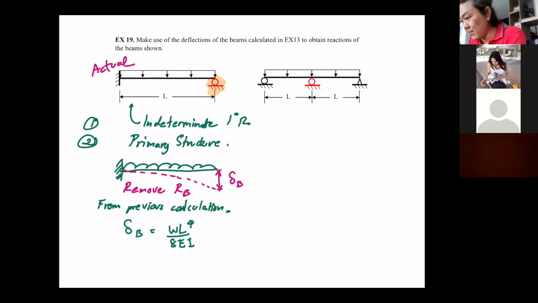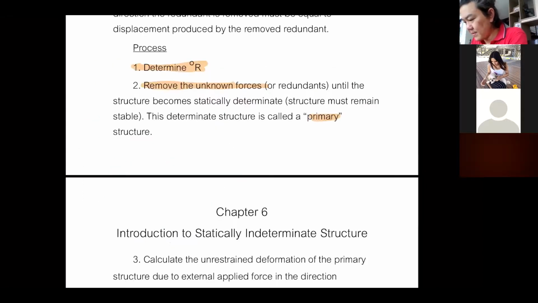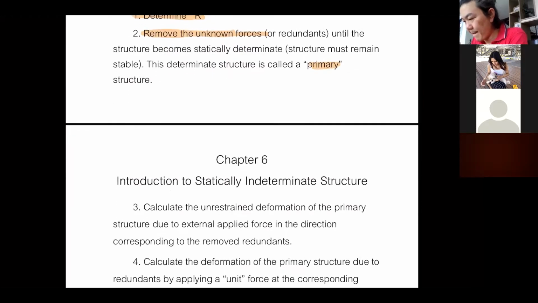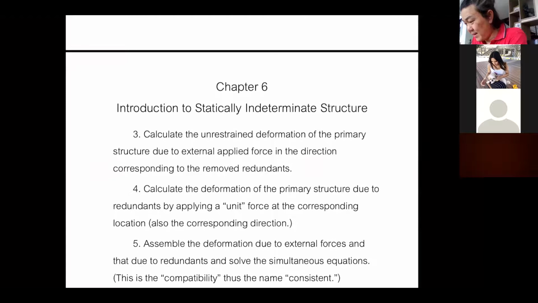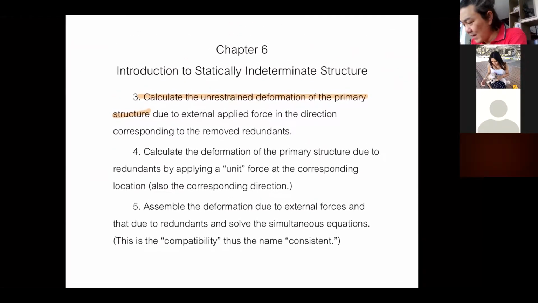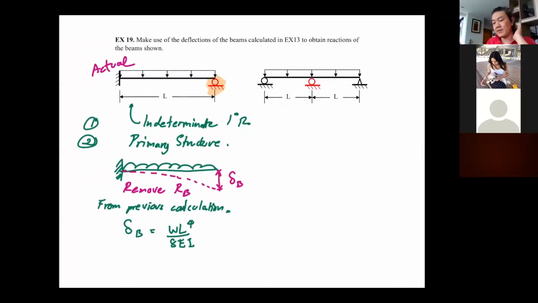Now the next step would be, we already did the unrestrained deformation of the primary structure. Calculate the deformation due to redundancy by applying the unit force, or you can look at the reaction itself. Here it is. So this is in fact step number 3.